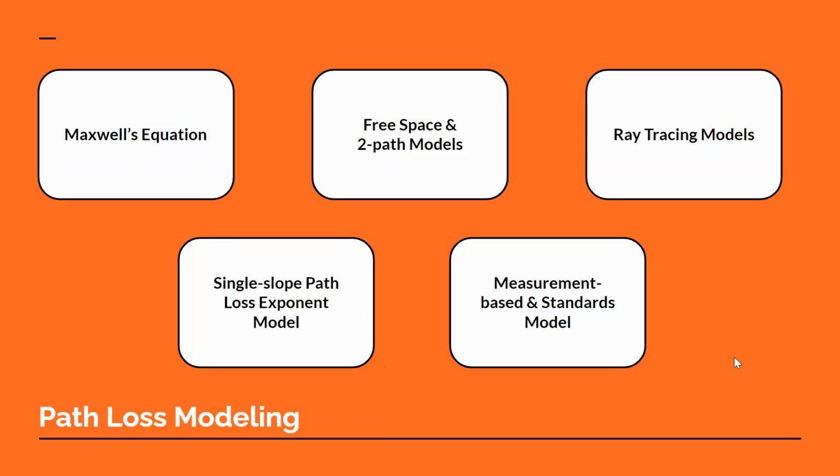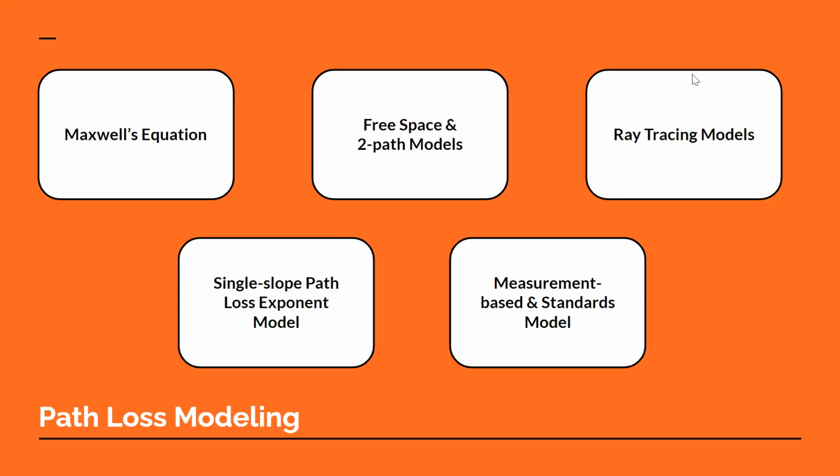Okay, so to the second material, there is path loss modeling. The first one I write here is the Maxwell equation, but I think it's very complex. It's not practical, so we jump because it's too complex. There are other models, free space and two path models, but they are too simple.